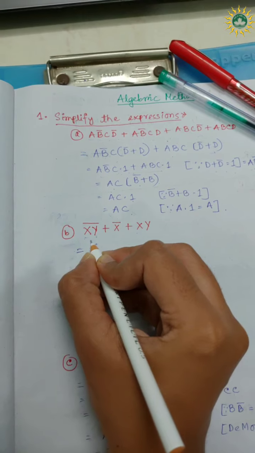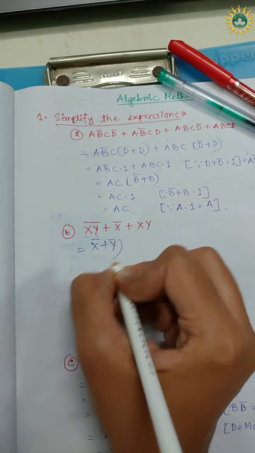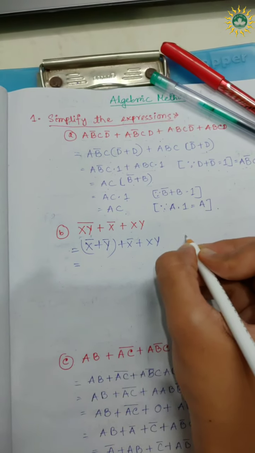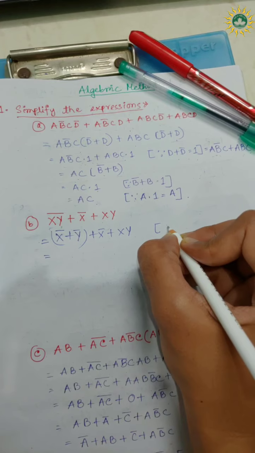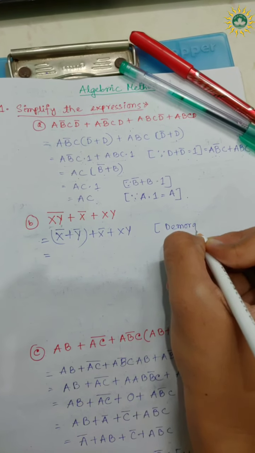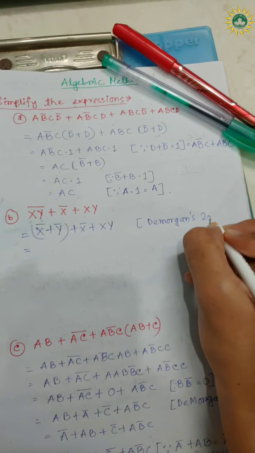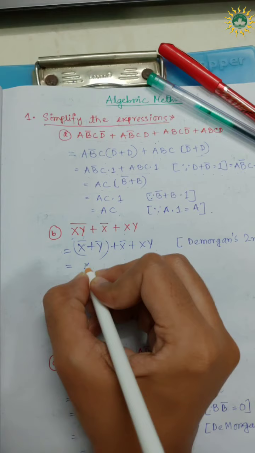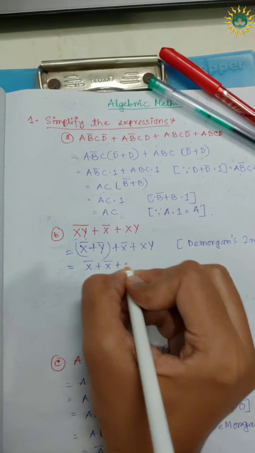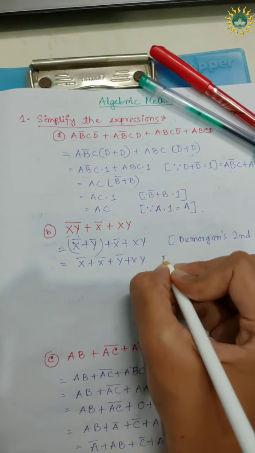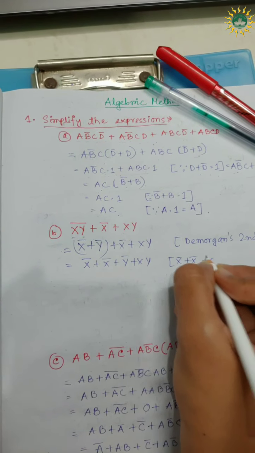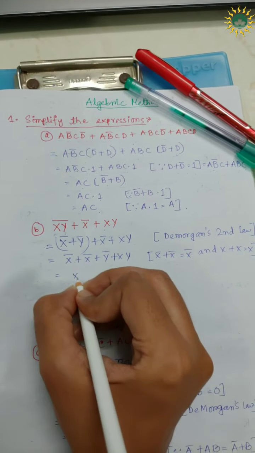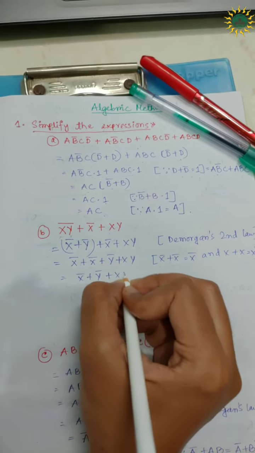So this is the second law, x bar plus y bar, because this is ANDed together, plus xy. Now x bar plus x bar plus y bar plus xy. Now x bar plus x bar gives you x bar. Okay, this is x bar plus y bar plus xy.